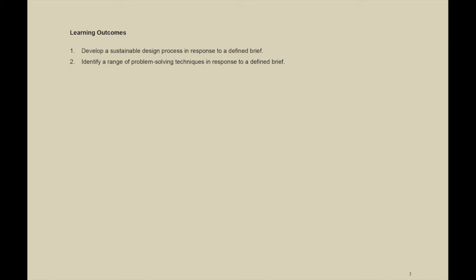And what it's saying is develop a process based on those ideas and theories, circular and sustainable design, in response to a brief, which is what we'll look at in a second. And the second one is identify a range of problem-solving techniques in response to a defined brief. So not just one technique, but we're looking at trying a few out, identifying a few, and then choosing the most appropriate.